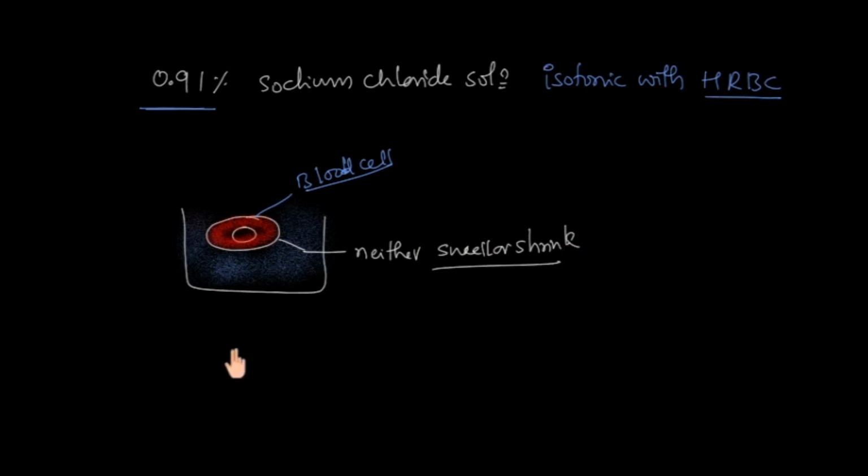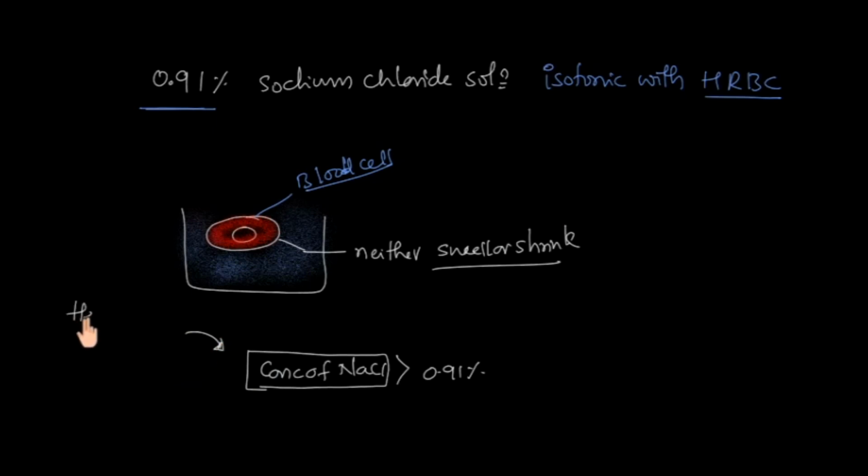But when the concentration of NaCl in water is more than 0.91 percent, the solution, compared to the red blood cell concentration, is somewhat higher, and that is termed a hypertonic solution.